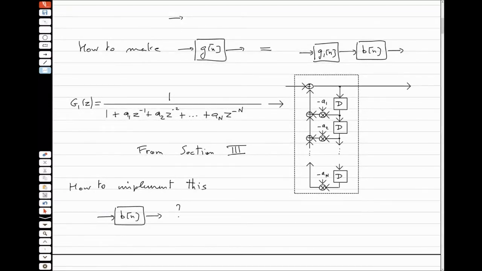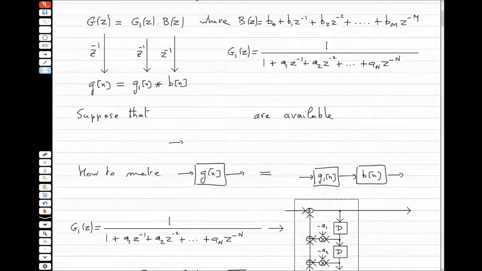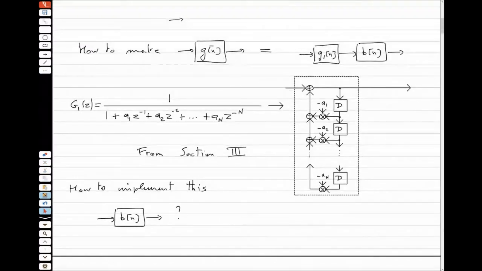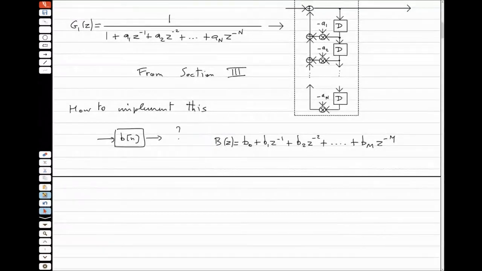Now, the Z transform of this system is like that. So you know how to get B of n from this B of Z. You know that this is the value of B of 0.